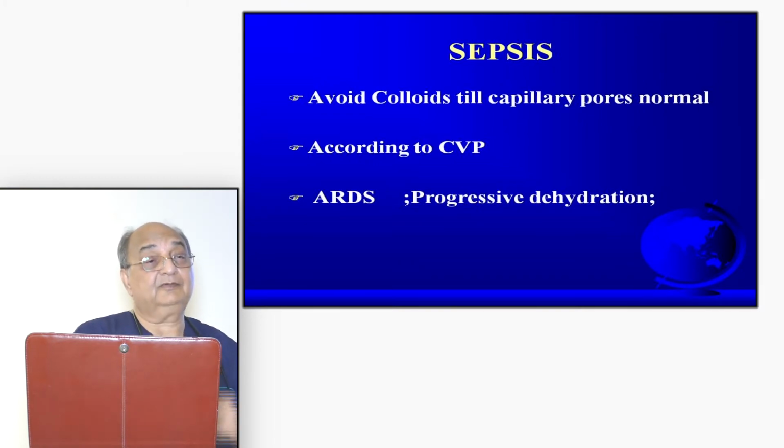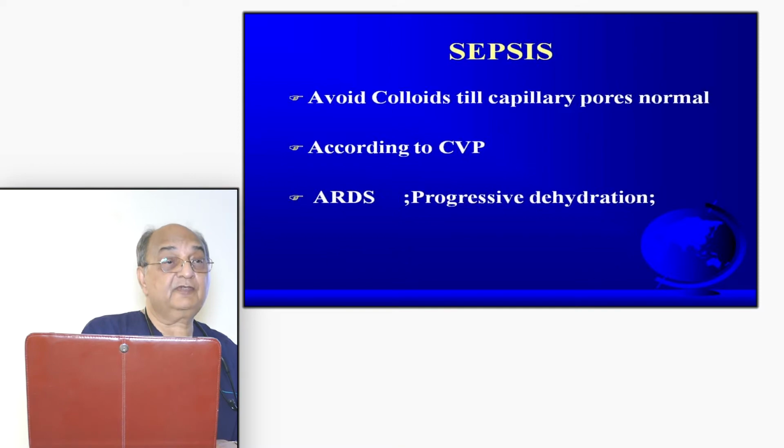How do you find it out? For the first 48 hours, never give any colloid solution, even if the patient has hypotension or fluid deficiency. Keep them on vasopressors. Try to constrict the vessels and give them crystalloids. Other crystalloids, don't give them colloid solution, otherwise the molecule will go outside.